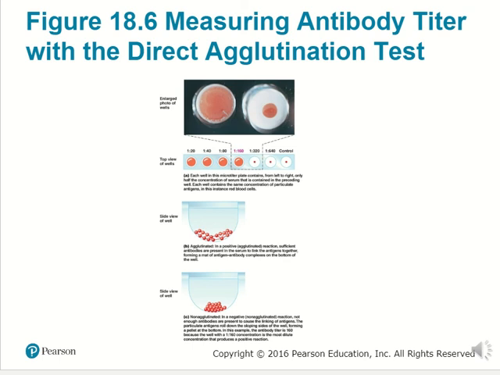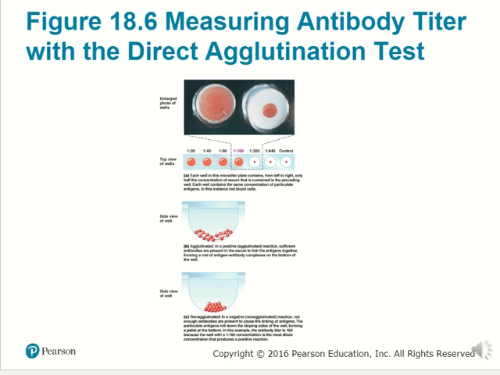Now what happens in the side view is the agglutination. In a positive or agglutinated reaction, sufficient antibodies are present in the serum to link the antigens together, forming a mat or a complex of antigen-antibody on the bottom of the well.